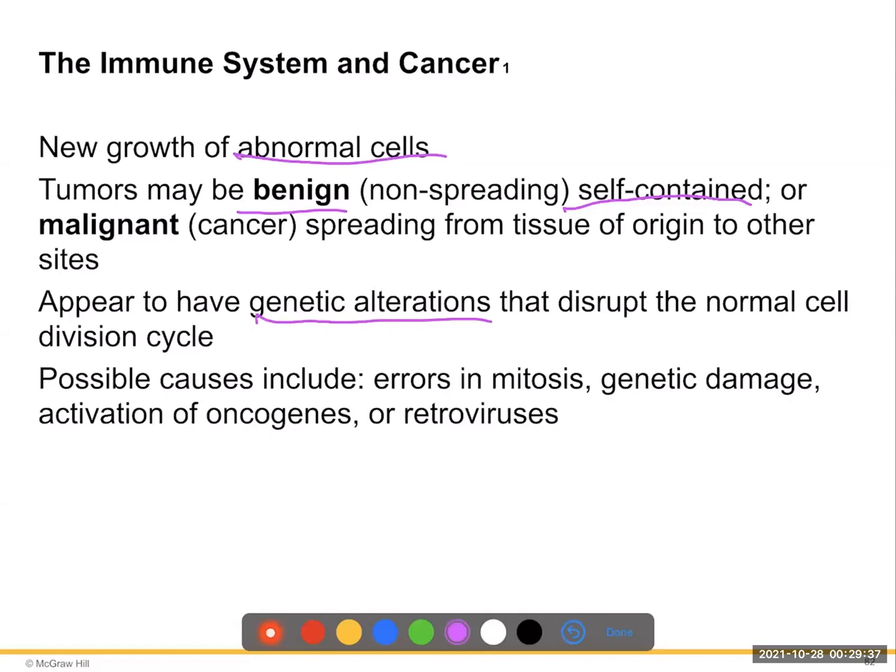Could be radiation, could be any kind of damage to DNA that disrupts the normal cell division. It disrupts mitosis. So it starts to divide uncontrolled. Possible causes can include errors in mitosis, genetic damage, activation of oncogenes in the DNA, or retroviruses like the AIDS virus.